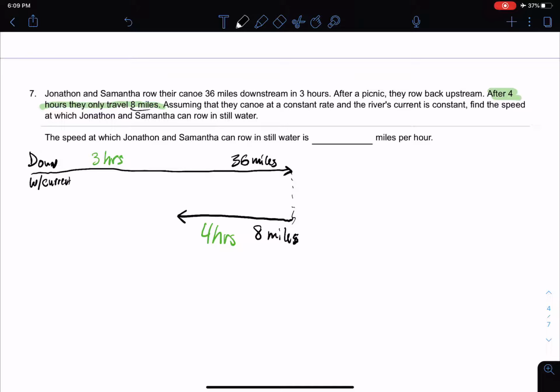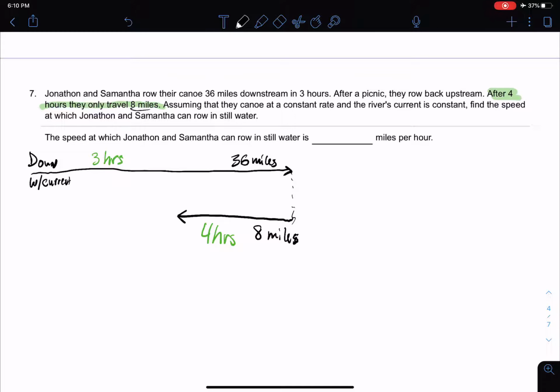But anyways, assuming that they canoe at a constant rate and the river's current is constant, find the speed at which Jonathan and Samantha can row in still water. Even though we're just trying to find the speed they can row in still water, there's still that other lurking variable out there, and that is the speed of the current.